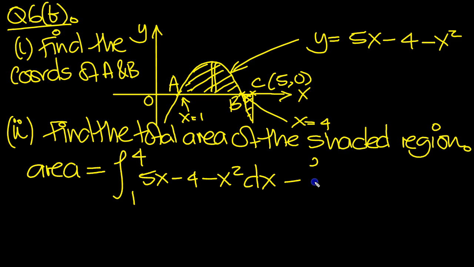And then it's also, because it's below the axis, we have to put a minus in, the area between 4 and 5 of this curve as well, 5x minus 4 minus x squared dx.